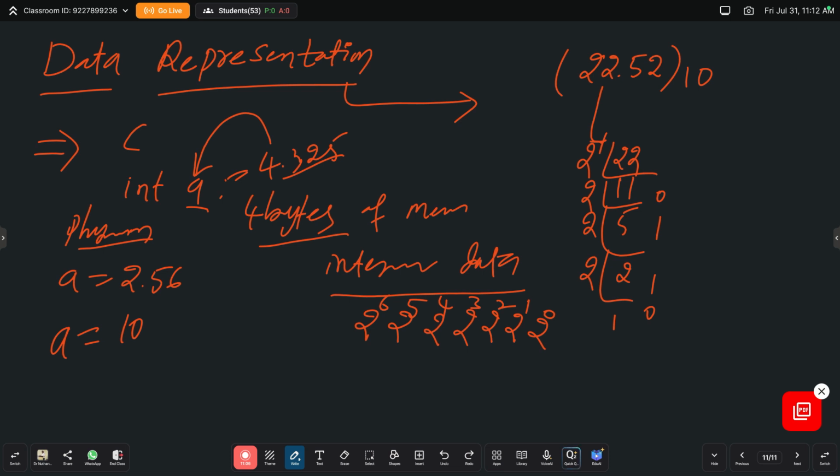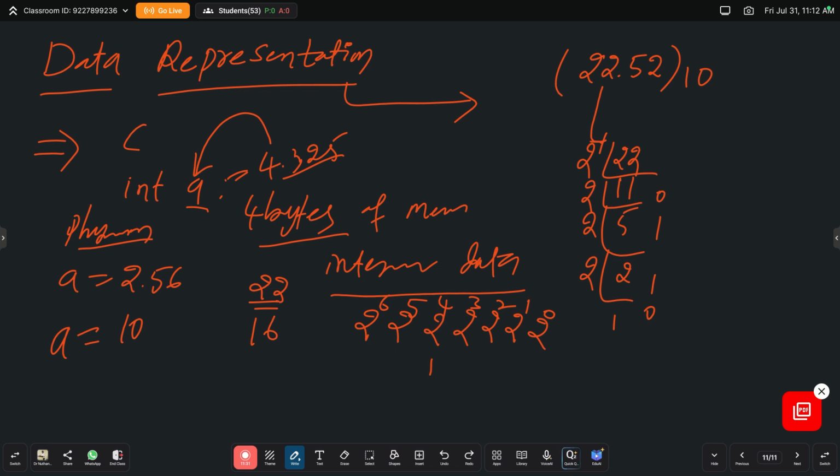Then what is the number? 22. Yes or no? Then how to do 22? Sir, nearest 2 power. What is the nearest 2 power? 16. What is the power of 16? 2 power 4. You fix 1 here. Are you following?